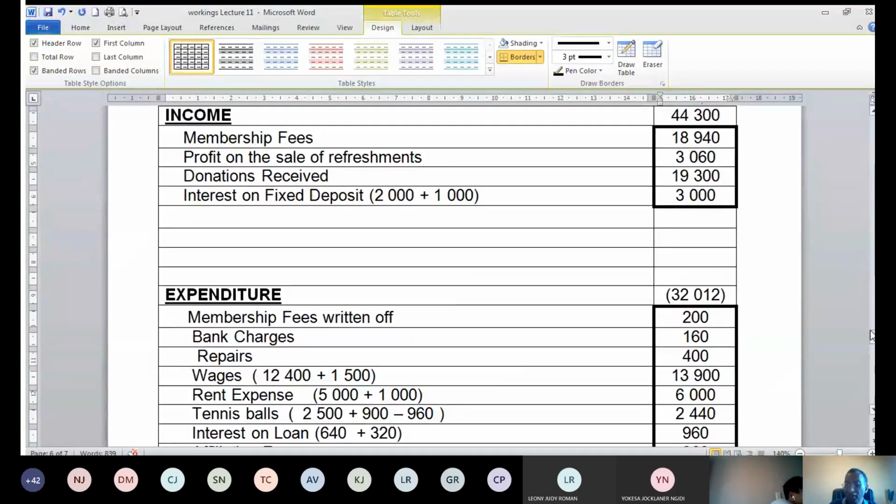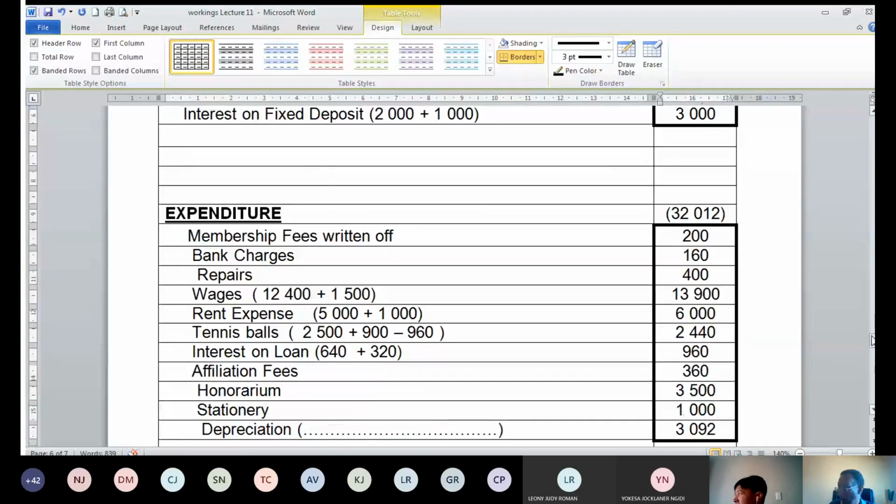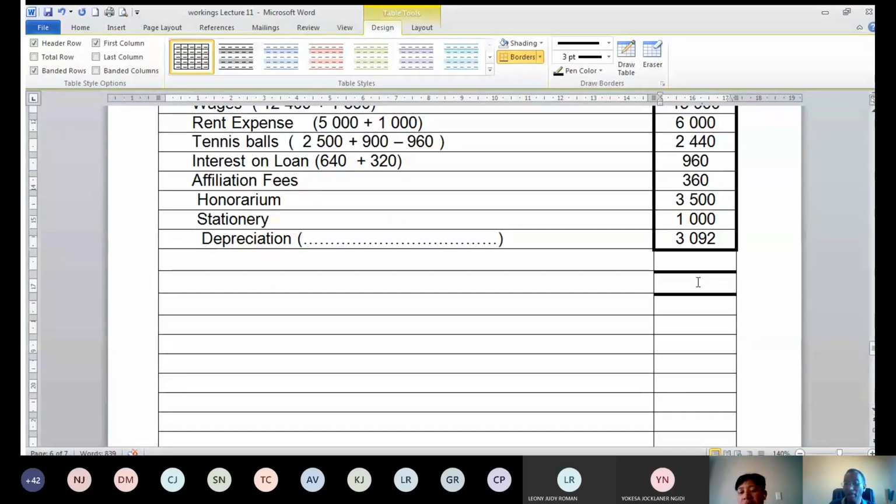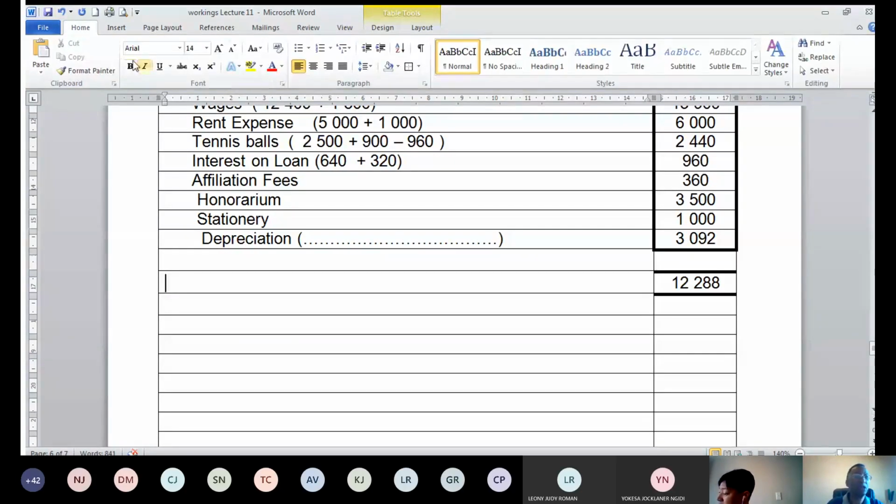My answer here, guys, take your income of 44,300 minus your 32,012, and that will give you an amount of 12,288. It is a positive amount, and because that amount is now positive, you will now label that as the net surplus for the year.